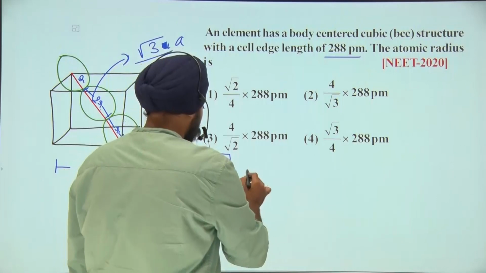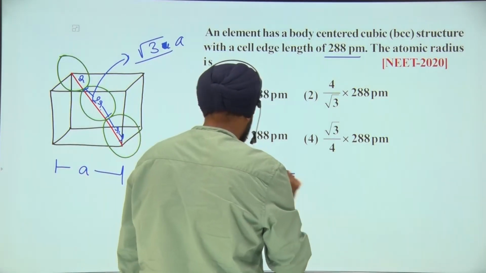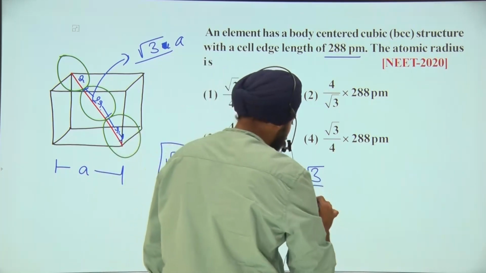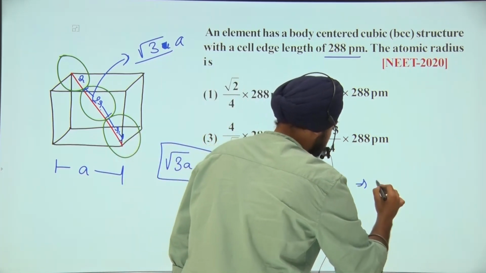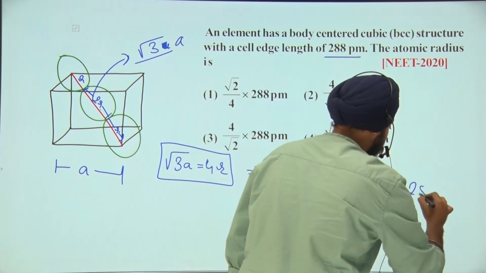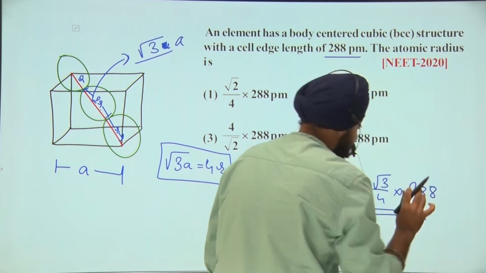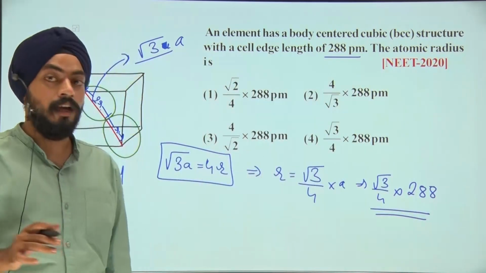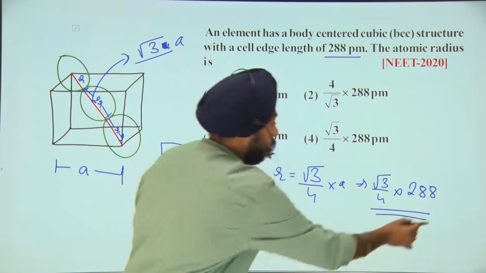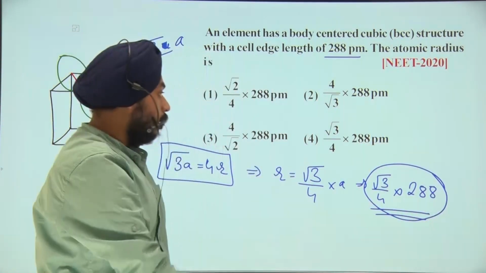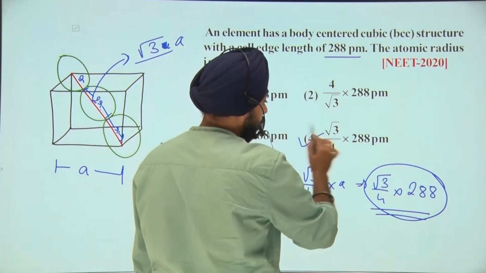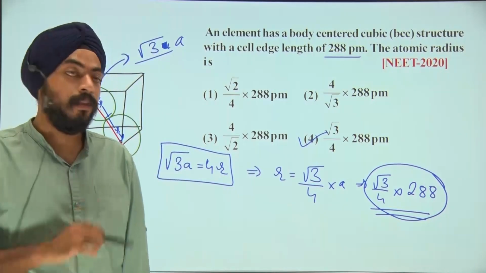So r will be equal to root 3 by 4 into a, that is root 3 by 4 into 288 picometers. The question is very easy because no calculation is needed; they have just given the relation. Clear? The correct relation is root 3 by 4 into 288 picometers, that is answer number 4.